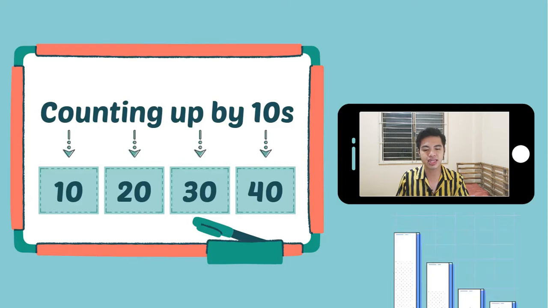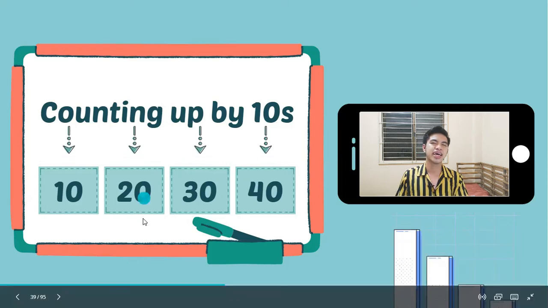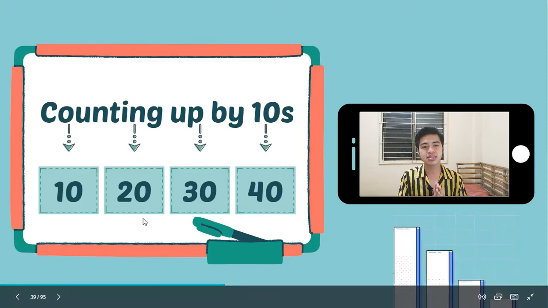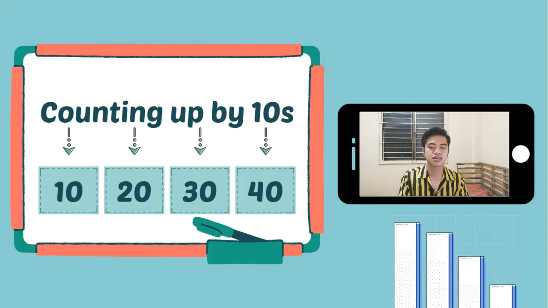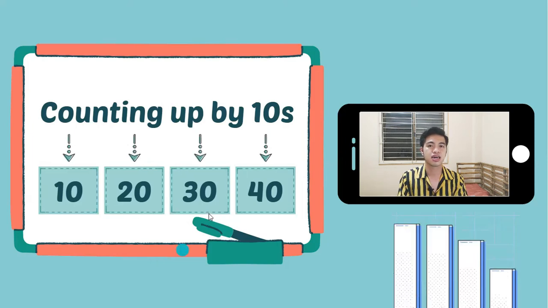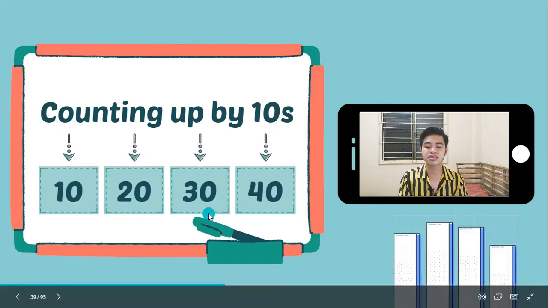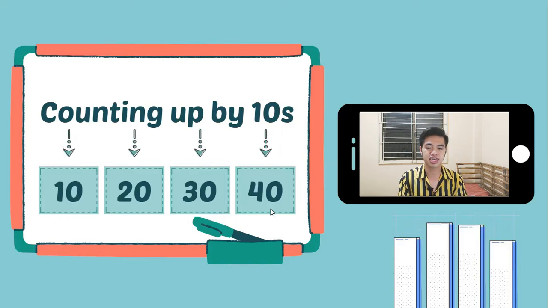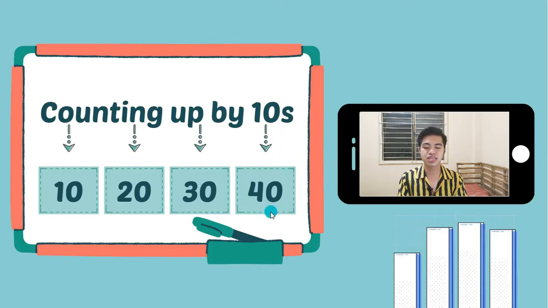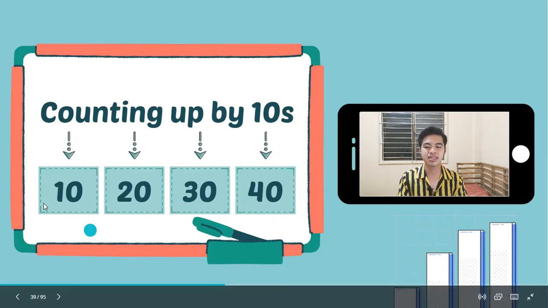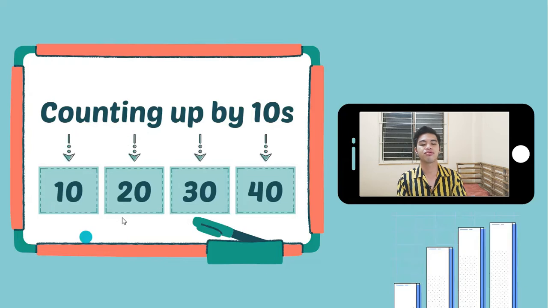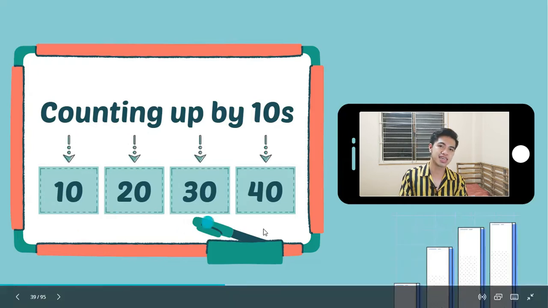That's why we have 20 in here. And then we're going to add another 10, which gives us 30. And then 30 plus another 10 will be 40. Therefore, our sequence will be 10, 20, 30, and 40.